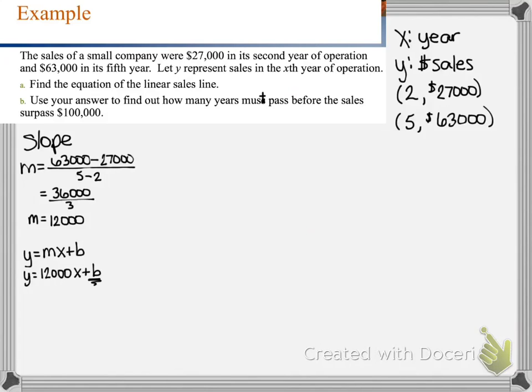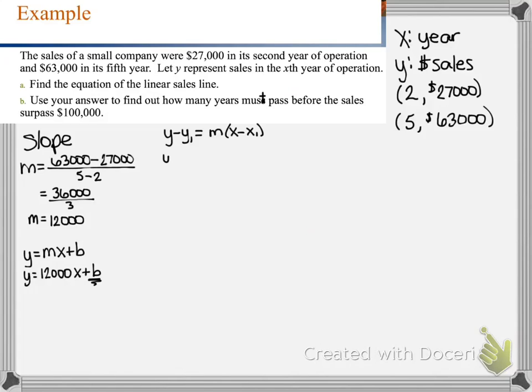Alright, so in order to find b, I'm going to show you two methods here. The first one uses the point slope formula, which says y minus y1 equals m times x minus x1. And in this case, you're going to plug in one of the points for your x1 and y1, and you'll plug in the number we found for our slope for m.